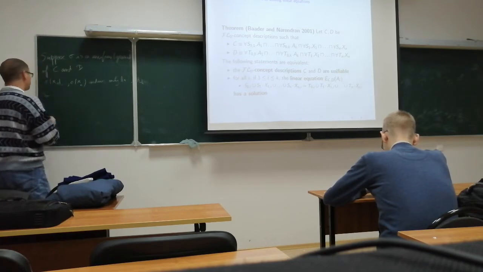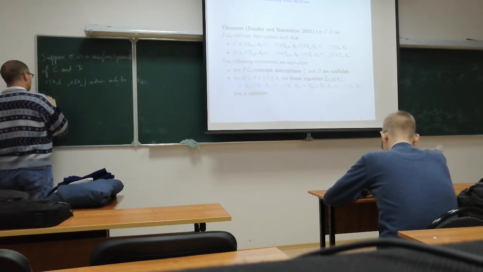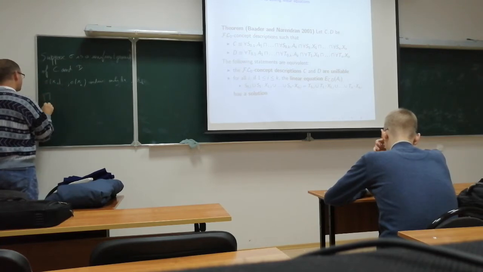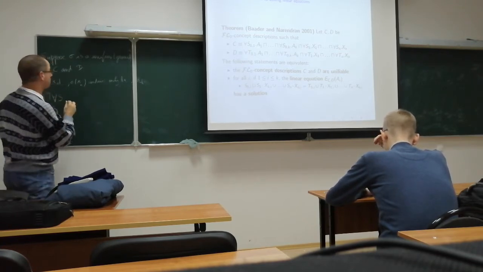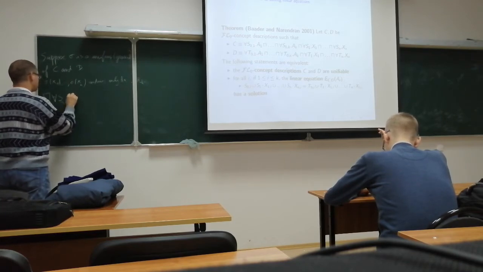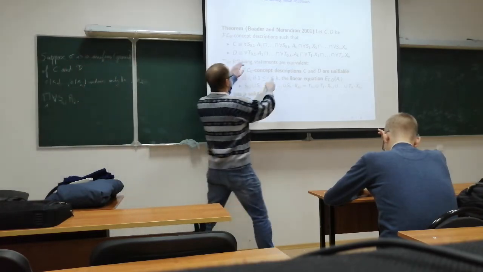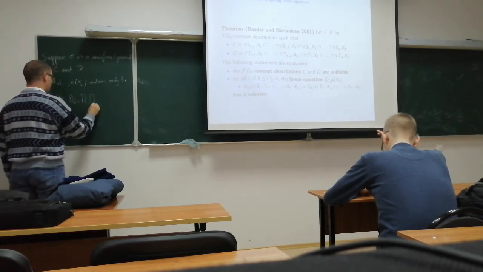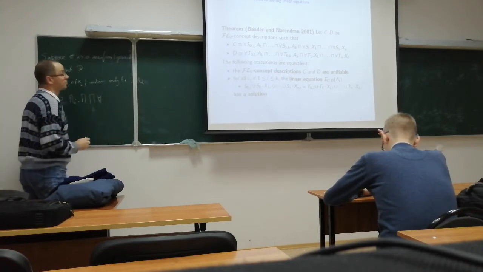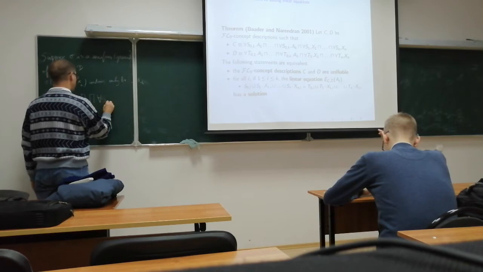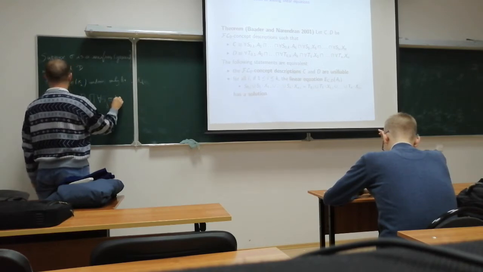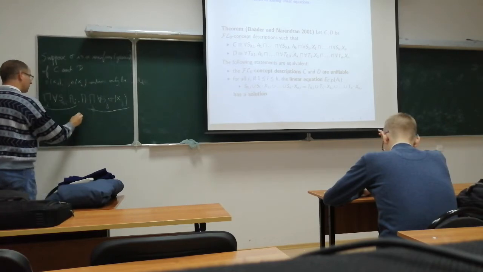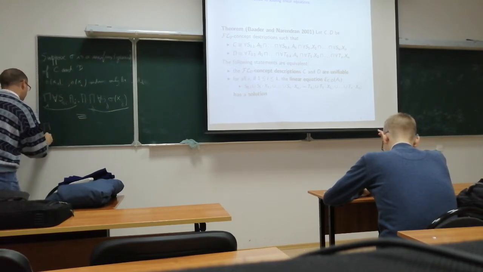Because sigma is a unifier, it means that this intersection, which corresponds to that part, intersection with the big intersection for all variables sigma of x, is equally interpreted in all interpretations to this intersection.